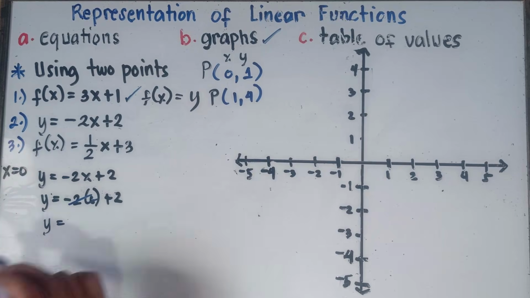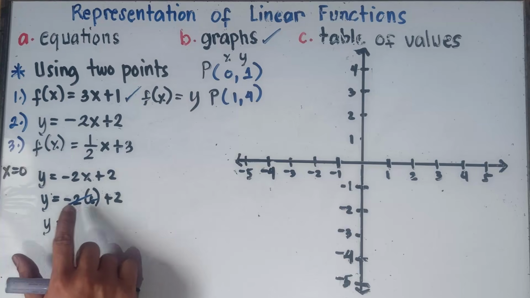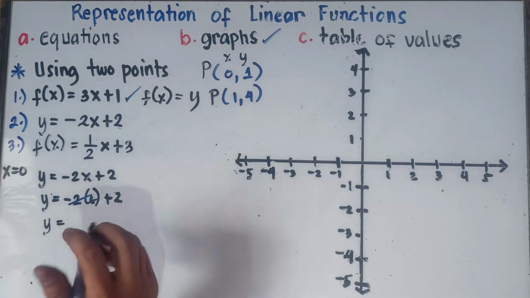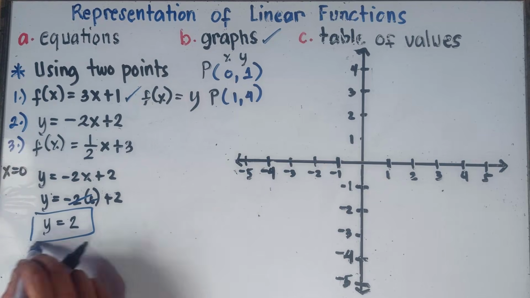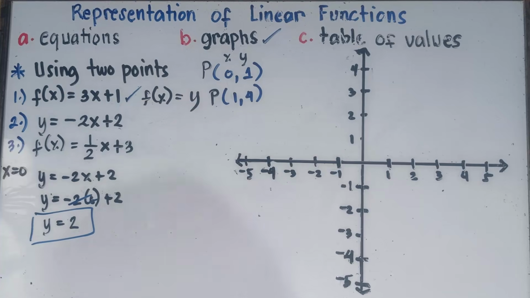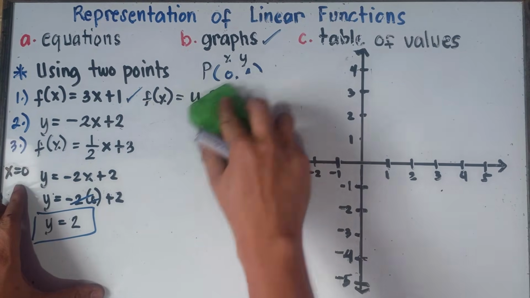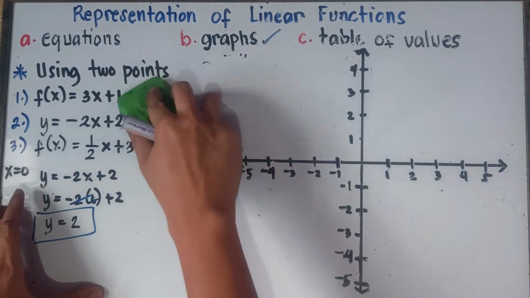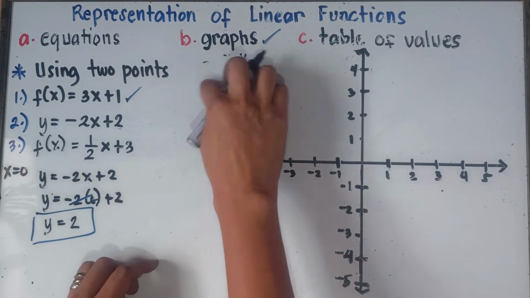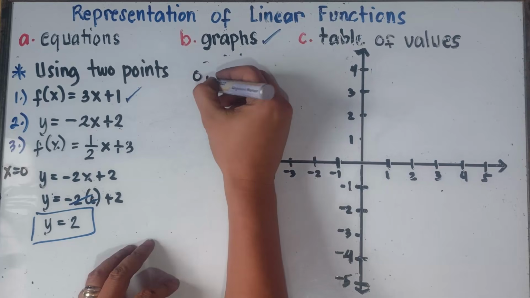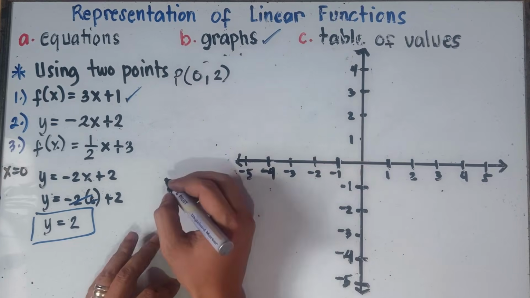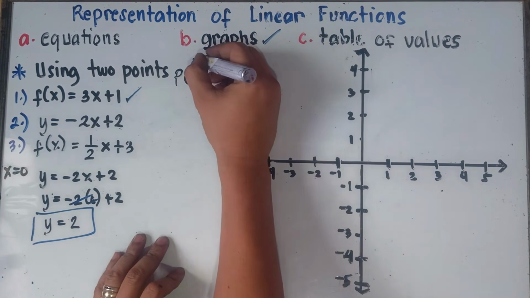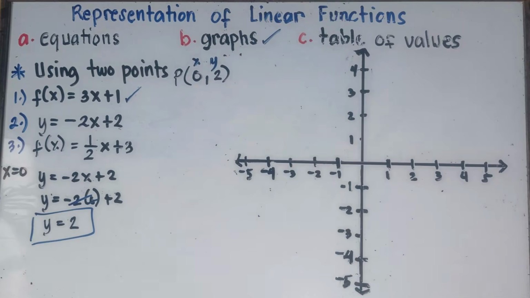Therefore, the answer is positive 2. If the value of x is 0, the y value would be positive 2, and this will be our first point. So x is 0 and then y is positive 2.